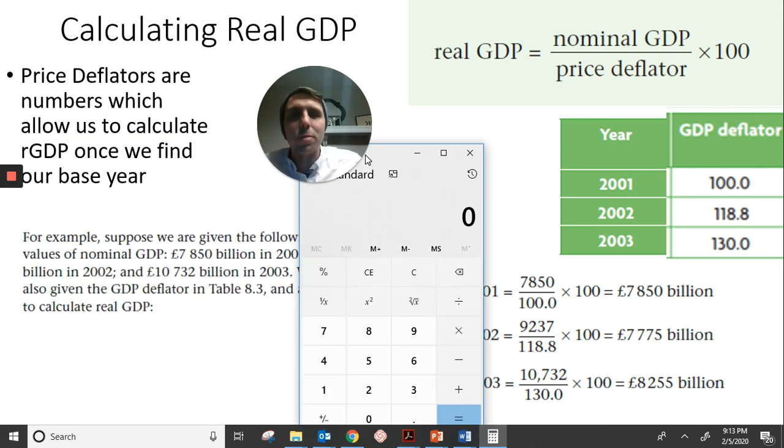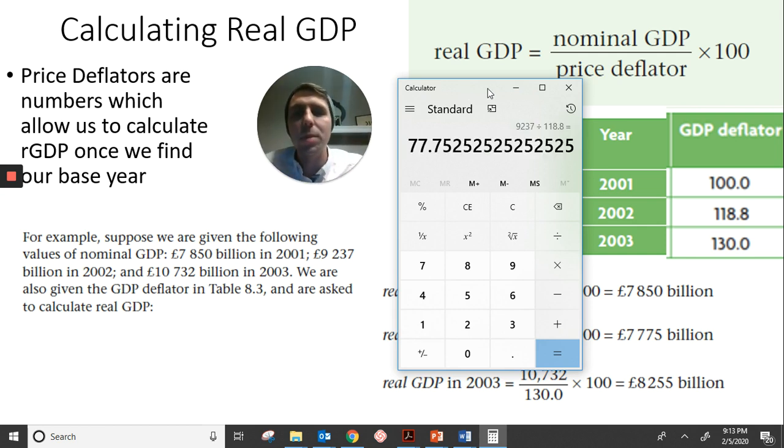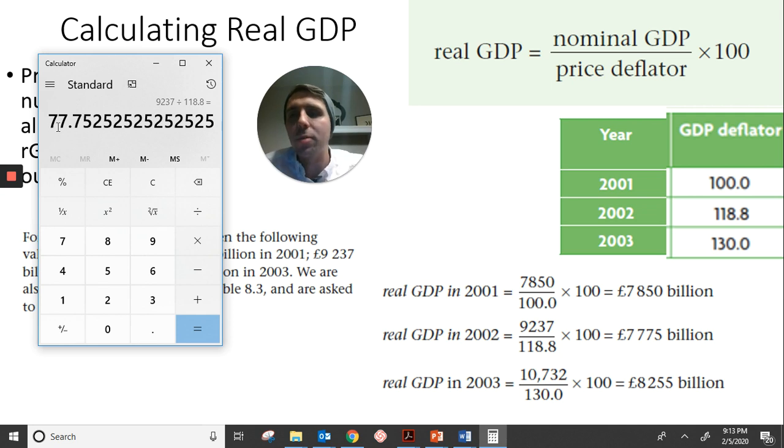Okay, redoing this problem. So we've got 9237 divided by 118.8. So that's my price or GDP deflator. So that gives me 77.7 and change. Now the final step, as you can see in the formula, is multiplied by 100, and that will give me 7,775 and change.